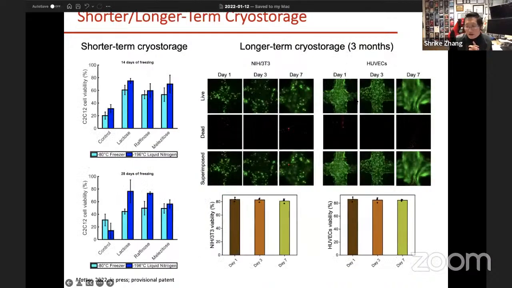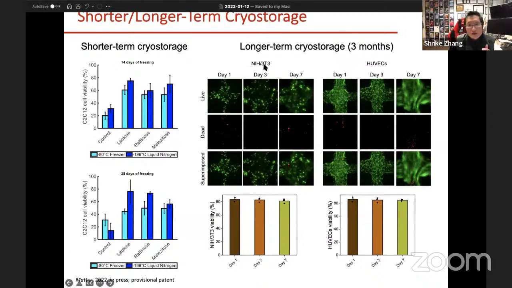Right, so then we thought, can you actually store them for different time points and still keep their viability in the bioprinted structures, right? So we did both short-term and longer-term storage assays. In the shorter-term cryo storage, which is 14 days, we see that the cell viability was preserved pretty nicely over this 14-day preservation period.